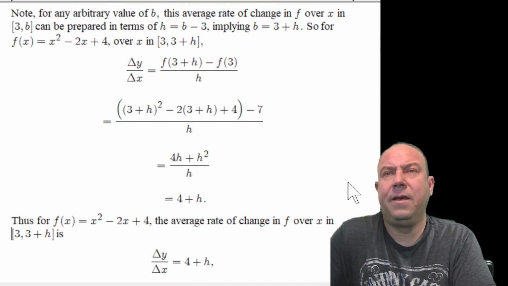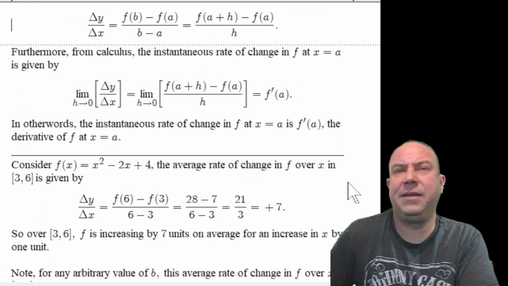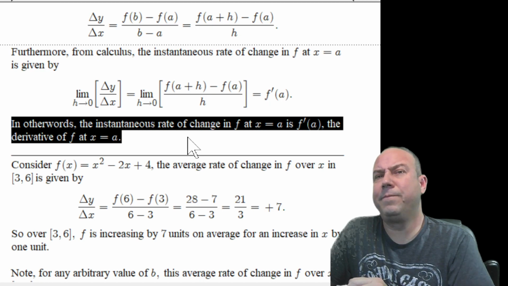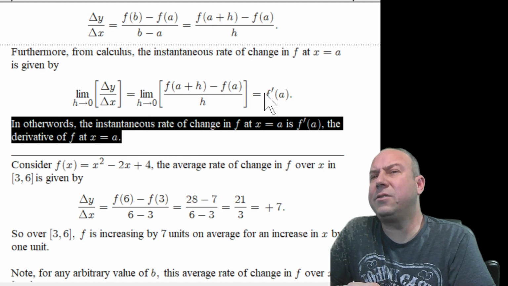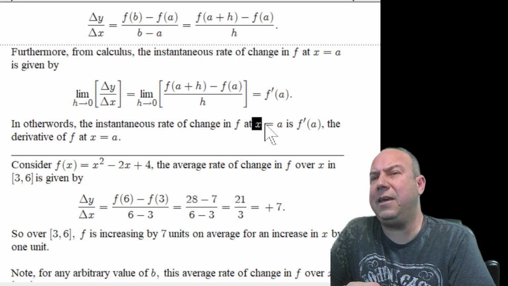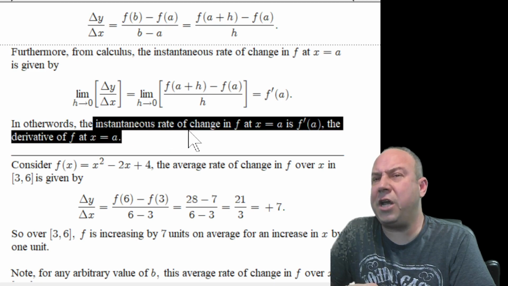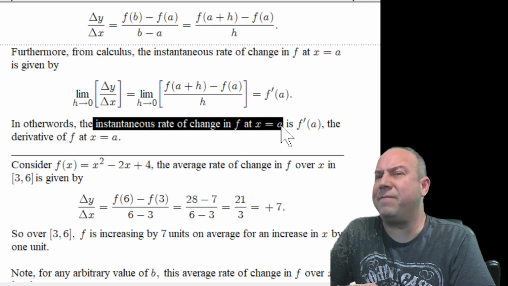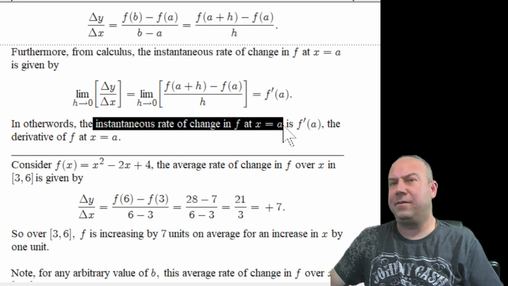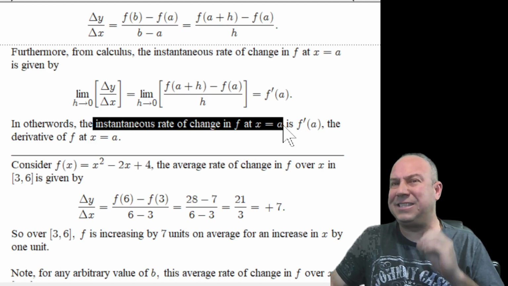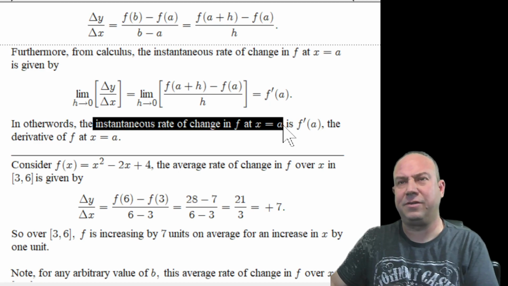We see that implied here. When we calculate this derivative at x equal to a, it does describe the instantaneous rate of change in f at that value of x equal to a. The slope function describes what we might say is the instantaneous rate of change function.